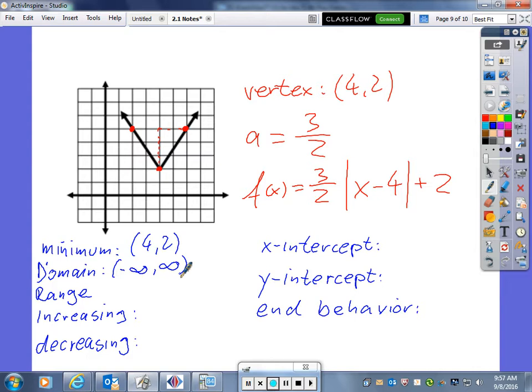The range starts at 2, but since 2 is a part of the range, we use a bracket: open bracket, 2, positive infinity, closing parenthesis. The increasing interval goes from 4 to positive infinity. The decreasing interval is from negative infinity to 4.